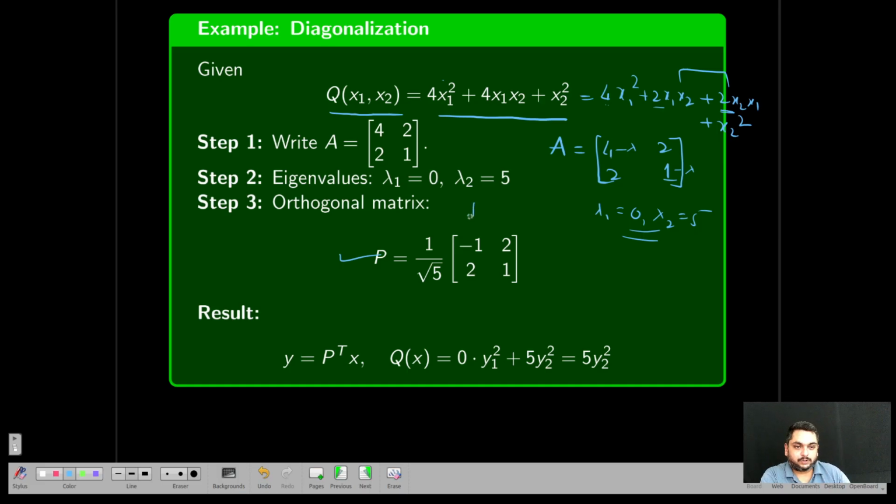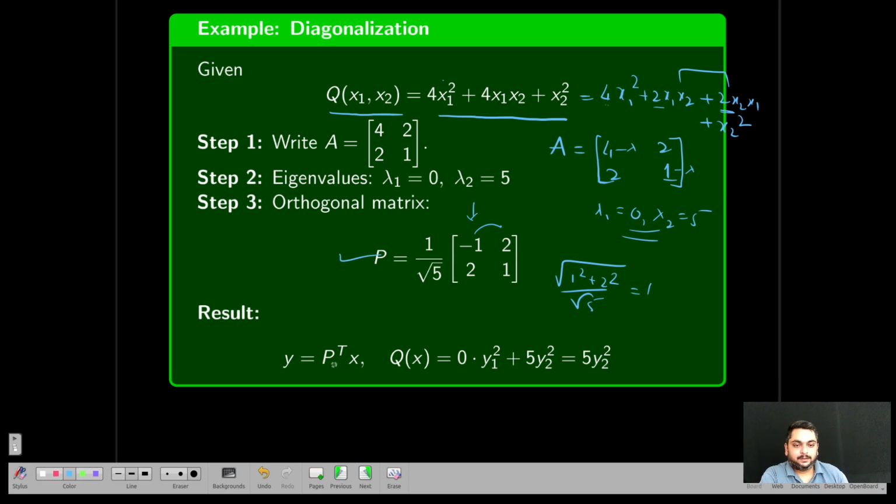How will you find this is orthogonal? It is orthogonal because the length of each column is a unit vector: 1 square plus 2 square divided by root 5 is equal to 1. Both columns have length 1, and the dot product, minus 2 plus 2, is 0.